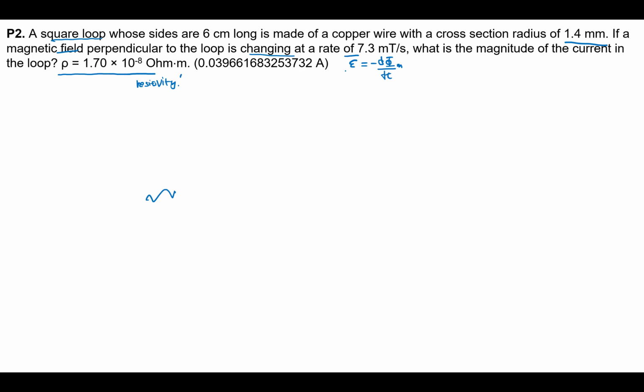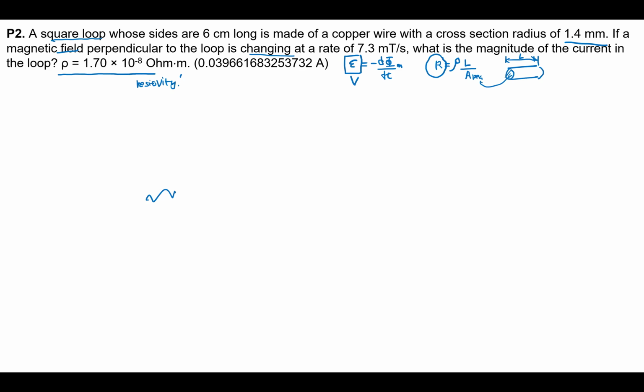Then once we know the E, electromotive force, we can find out R, which is usually given by rho times L over A. So A is the area of the wire, and then you have to have the length of the wire with the given resistivity, and you know what it is.